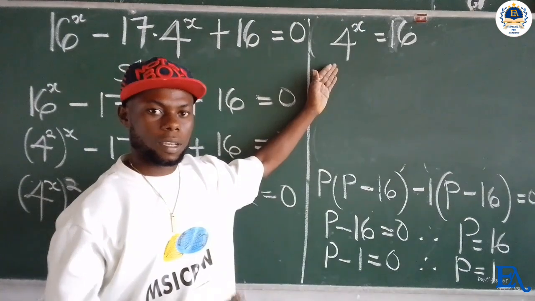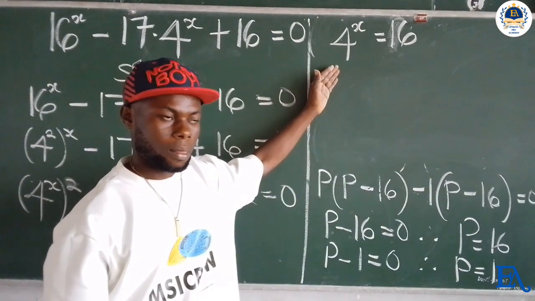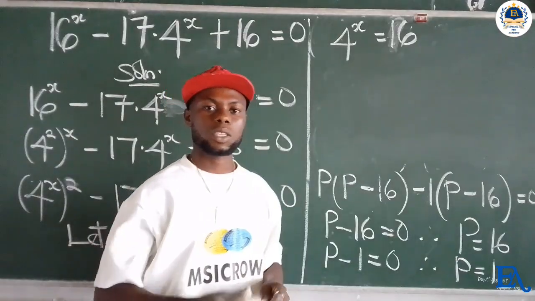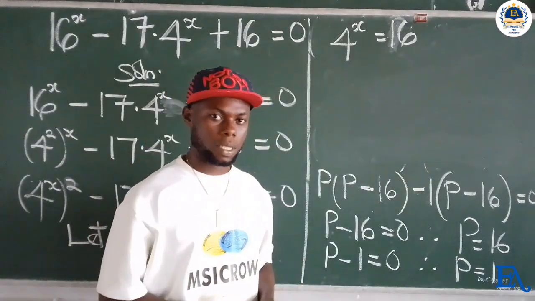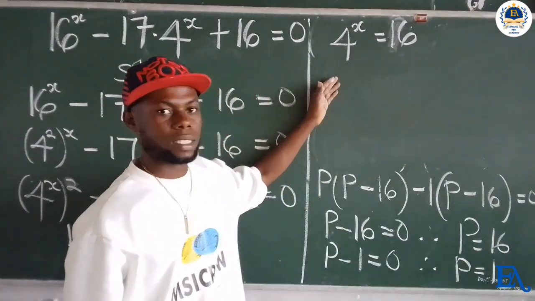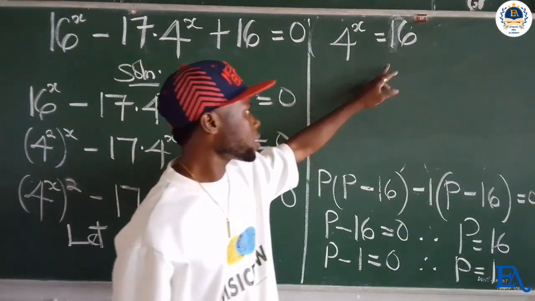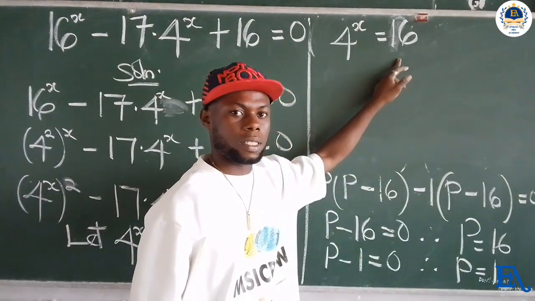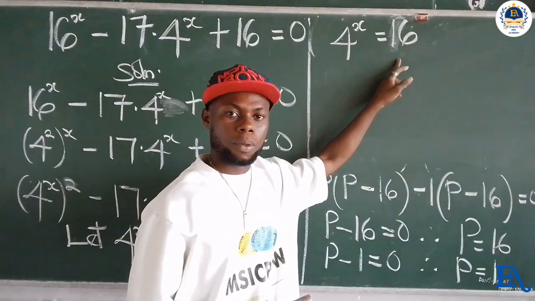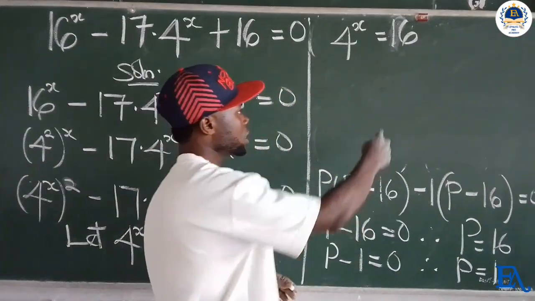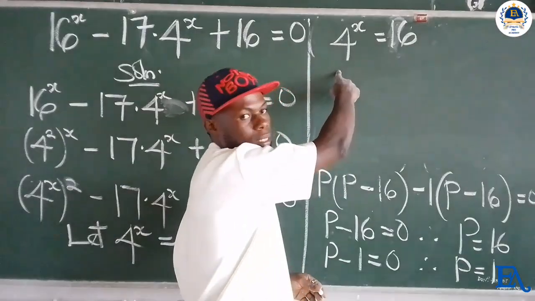At the left hand side, a bigger number is carrying a smaller number. That means it is written in its index form. While on my right hand side, the case is different. Because the case is different, I have to also change this so it will look like that.